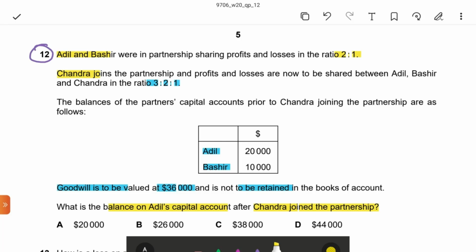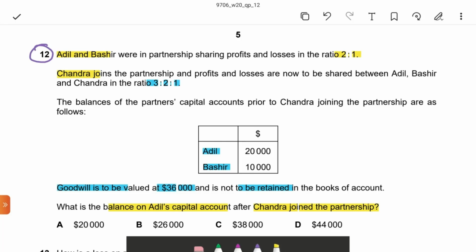When a new partner is joining the partnership business, old partners are sacrificing their goodwill. So the new partner's goodwill will be debited in the capital account, and the sacrificing partners have to get their portion of that goodwill, depending on how much they are sacrificing.